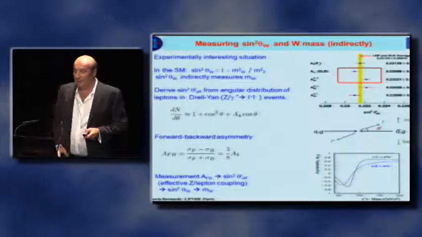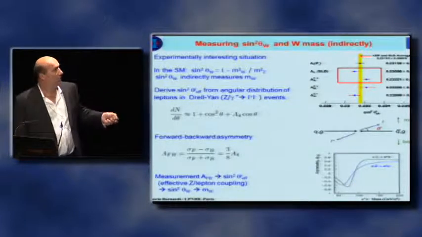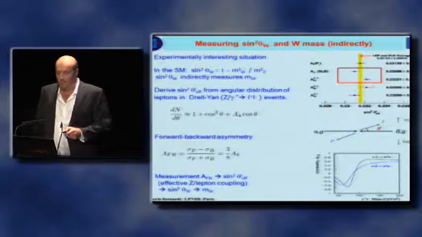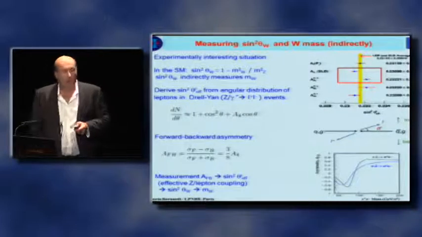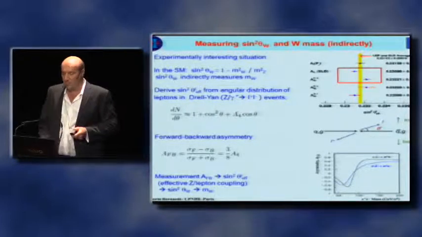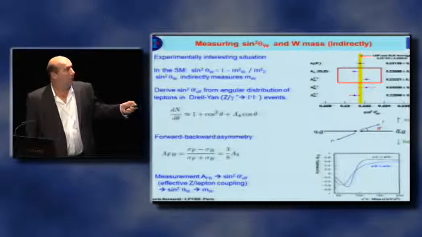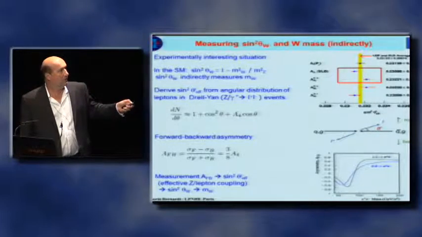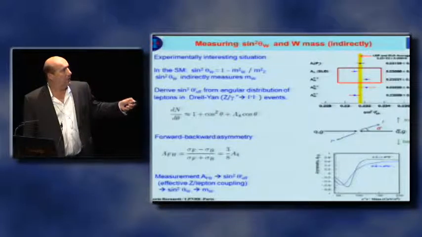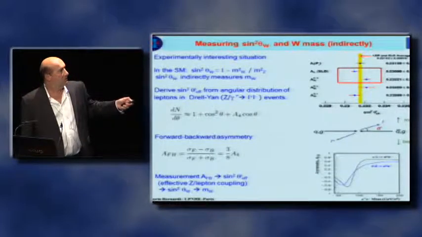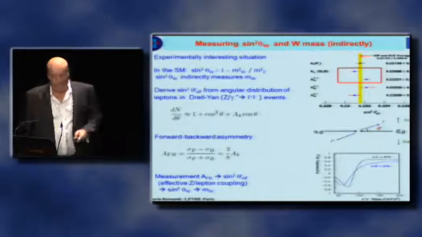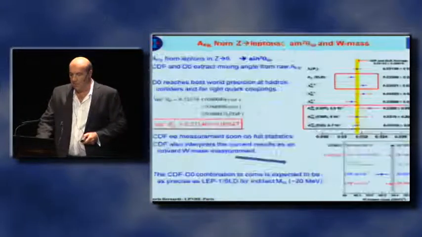Sin squared theta W and the W mass indirectly have also been covered somewhat before. I will just focus on the important points regarding the Tevatron. First of all, we know the tension that exists with previous measurements, and so it's important for us to be able to see if we can reach such precision. And in fact, that's exactly what we are doing.